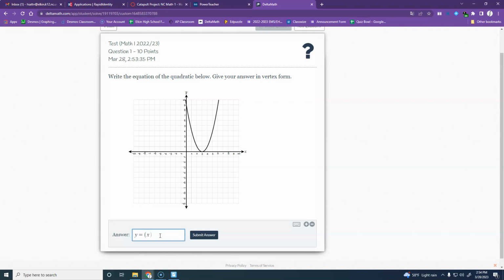So x plus 3 or minus 3? Minus 3, I need to do the opposite direction, right? So if I want to move it to the right 3, which is the positive side, I need to put the negative right here. What else do I need for that? Square it. And you can just do shift 6 and put that square. And you'll submit that. So it should give you the right answer. So answer these real quick.